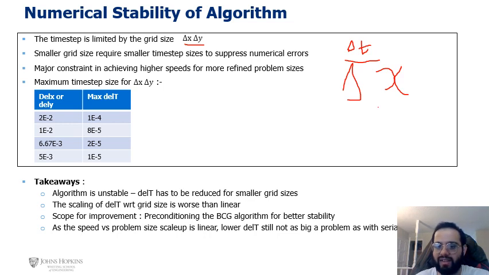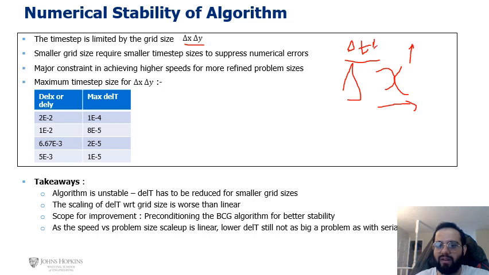As delta x decreases, this term multiplied all of the velocity terms. So as delta x decreases, if there are any numerical errors in the simulation, this term increases, and to counter that, this delta t needs to go down.